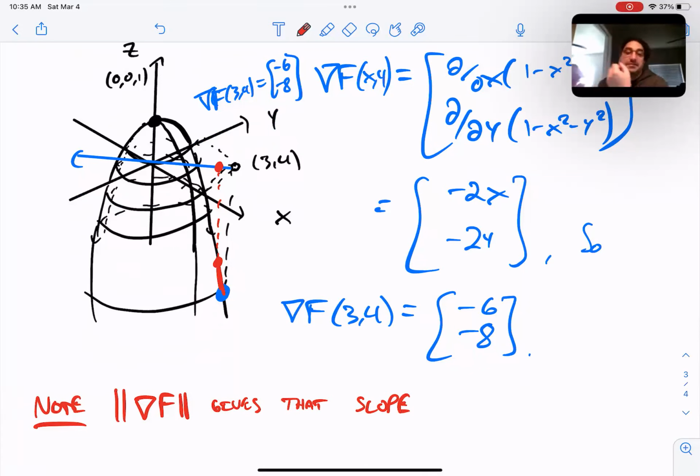So that maximal possible slope. So there's two things to say. One is saying in what direction should I take a step in order to get the steepest rate of ascent? But then you could say what is my rate of ascent when I do that, right? Well, the magnitude of the gradient gives you that steepest rate of ascent, right? The max possible rate of increase.